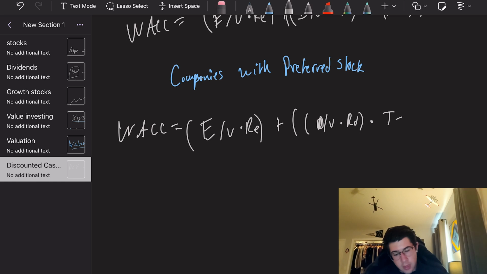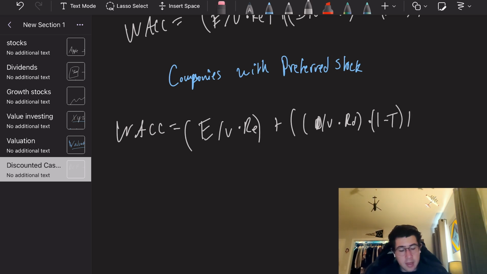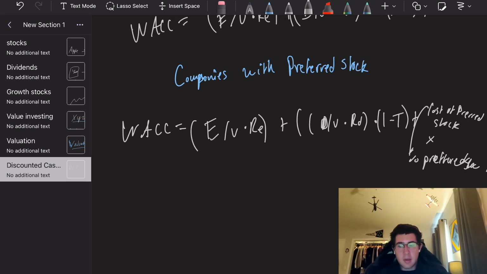So it should be 1 minus T. And then you have to add cost of preferred stock times percent preferred stock. And that's essentially going to be that.